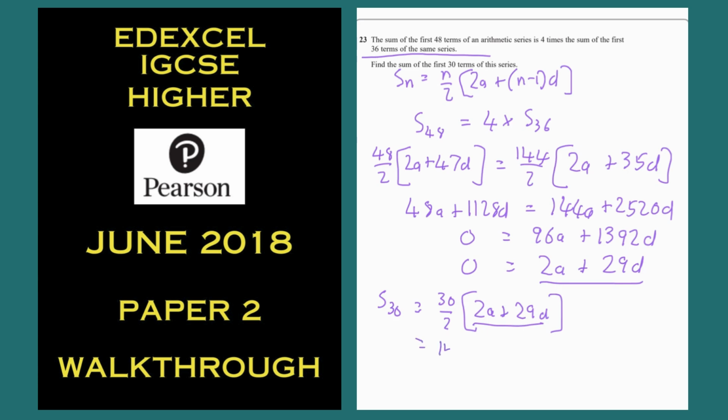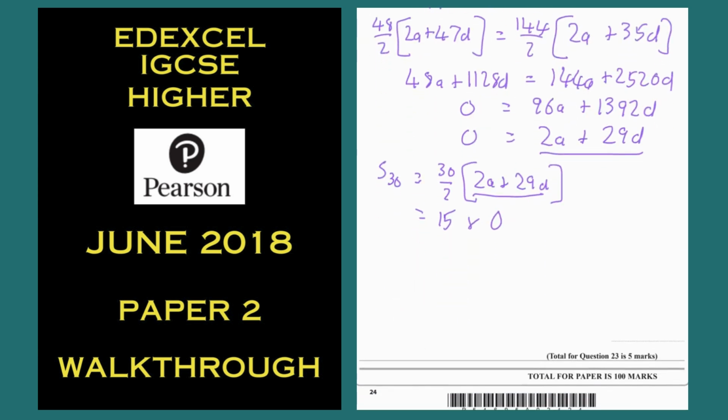You end up with basically 15 times 0, because 2a plus 29d is 0. 15 times 0. What a bunch of jokers they are. The answer is 0. Obviously, it's guessable, so they wouldn't have given you any marks for a correct guess. I just guess 0 or 1 for something. Not going to give you anything for that. Heck of a cruel question to finish off with.